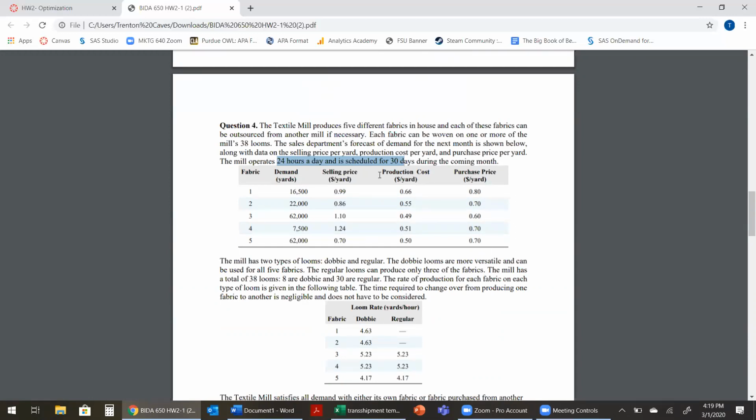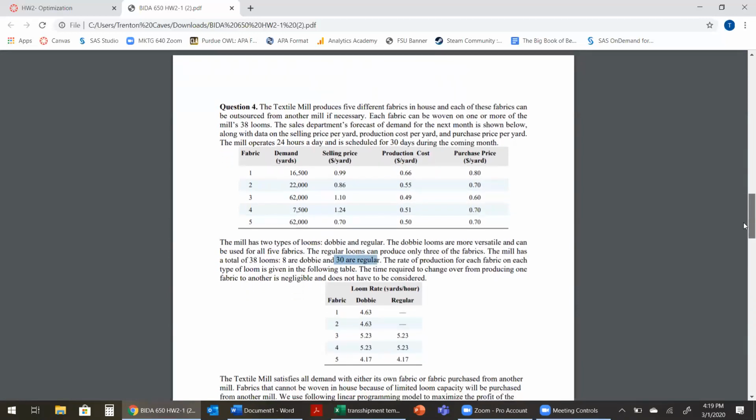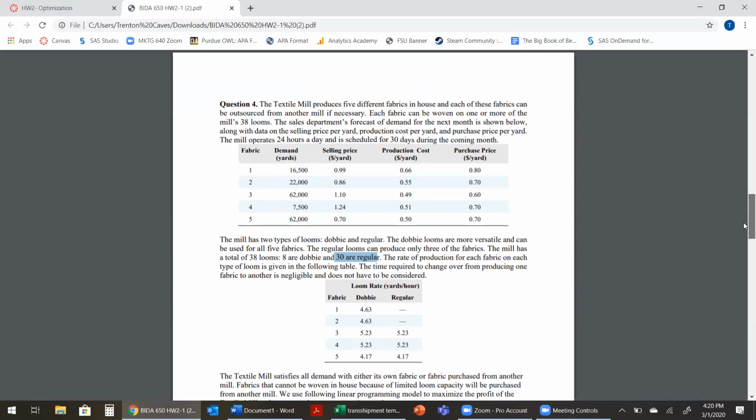So we have 30 regular looms. If we add one more regular loom, how much should we be willing to pay?